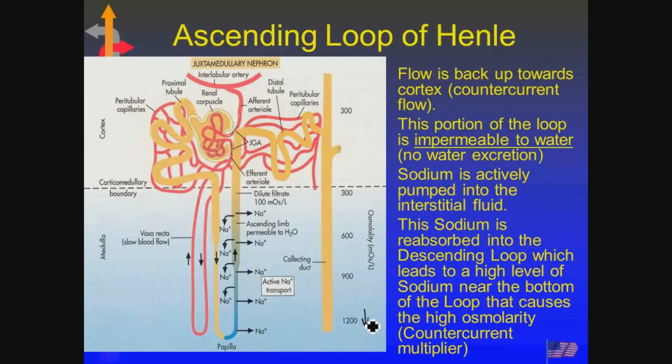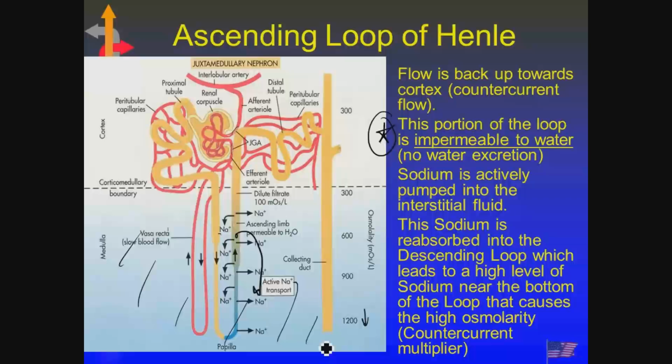The reason why this osmolarity is so high is that, first of all, this portion of the loop, the ascending loop, is impermeable to water. So there's no water moving out, but what you do have is sodium being pumped out of the tubule and into that area. So sodium moves out of the tubule and basically just saturates this area.